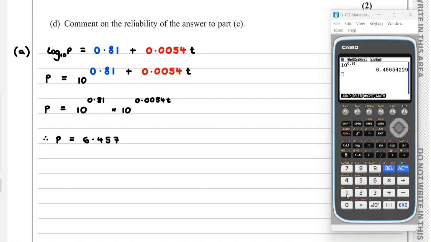And then we've got 10 to the power of 0.0054, which is 1.013 to 3 decimal places, and we raise this to the power of t. Hence, the value of a is 6.457 and the value of b is 1.013.